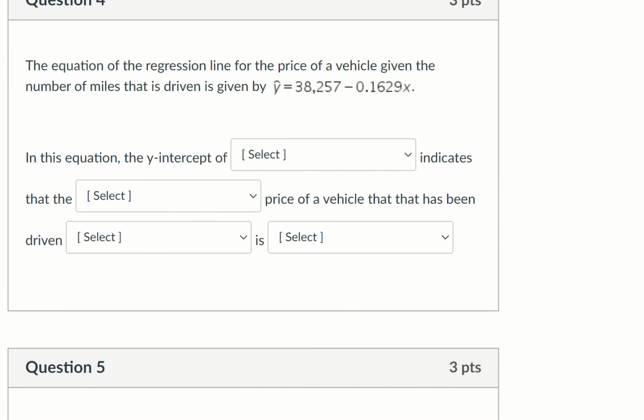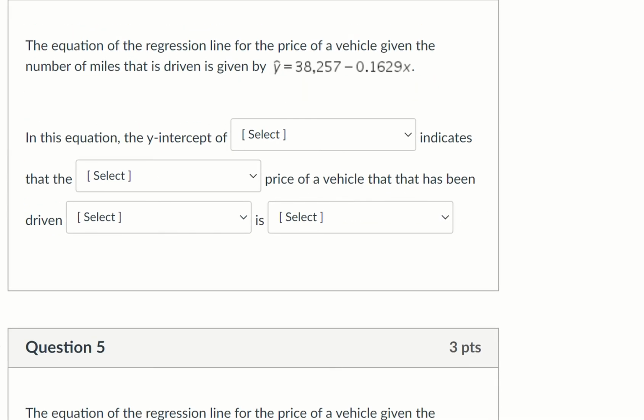So question 4, the equation of the regression line for the price of a vehicle given the number of miles that is driven is given by the following equation. In this equation, we've got to figure out what the y-intercept does. Remember that the equation of the regression line is y hat equals a plus bx. B is the slope.